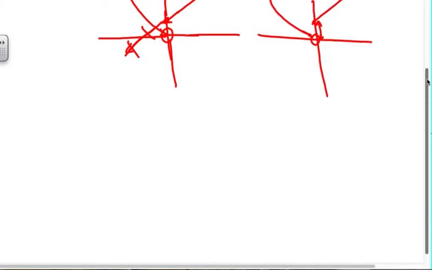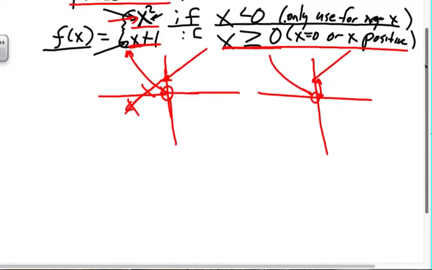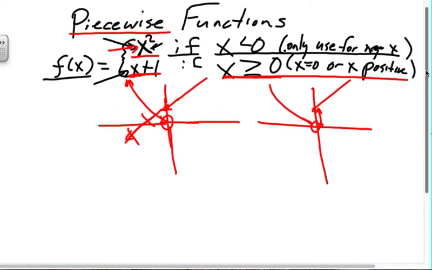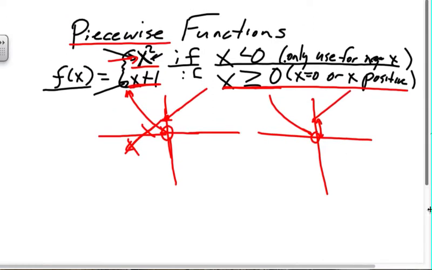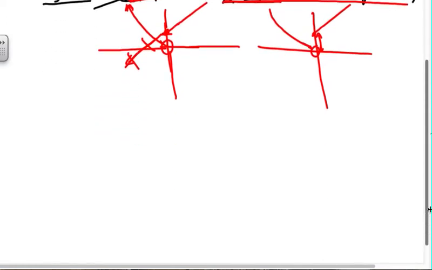Now, you're going to have to learn not just to graph these things, but evaluate them, which means plug it in. That's all evaluate means. So let's say I want to find f of negative 3. The first thing I need to do is figure out where in my domain this is.